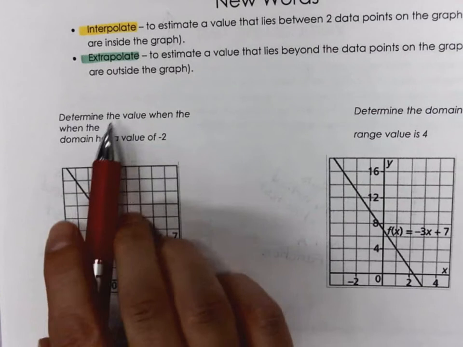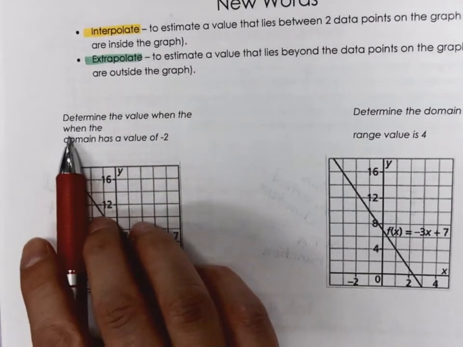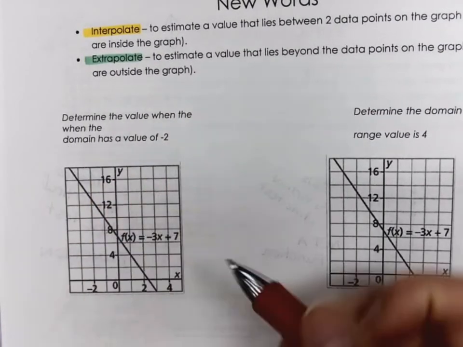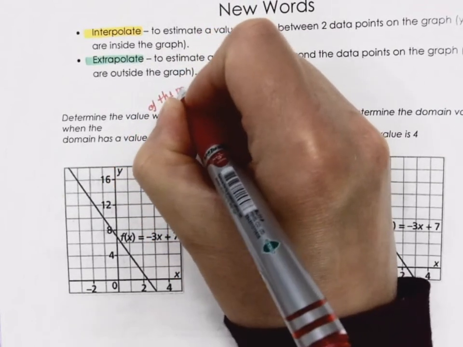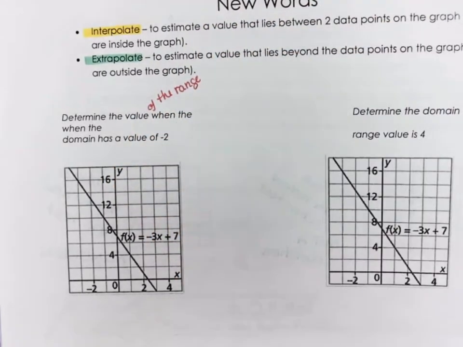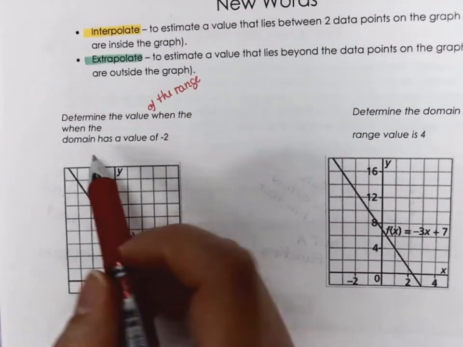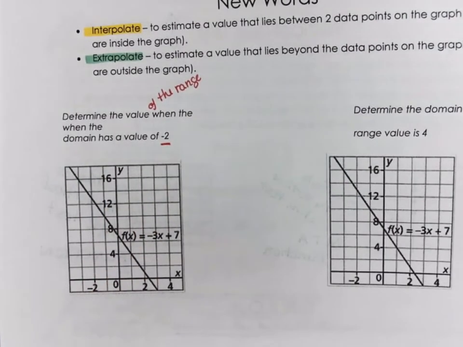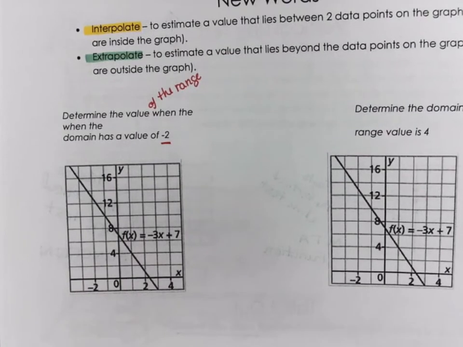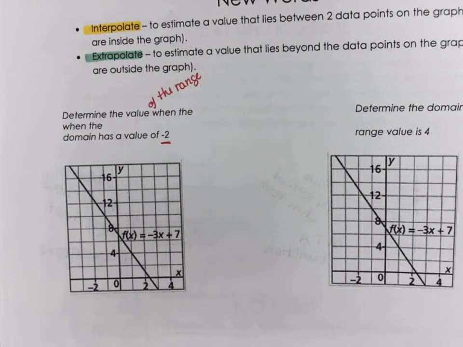All right, determine the value of the range when the domain has a value of -2. So where's the domain? That's probably a good question. Domain is on my X or my Y?